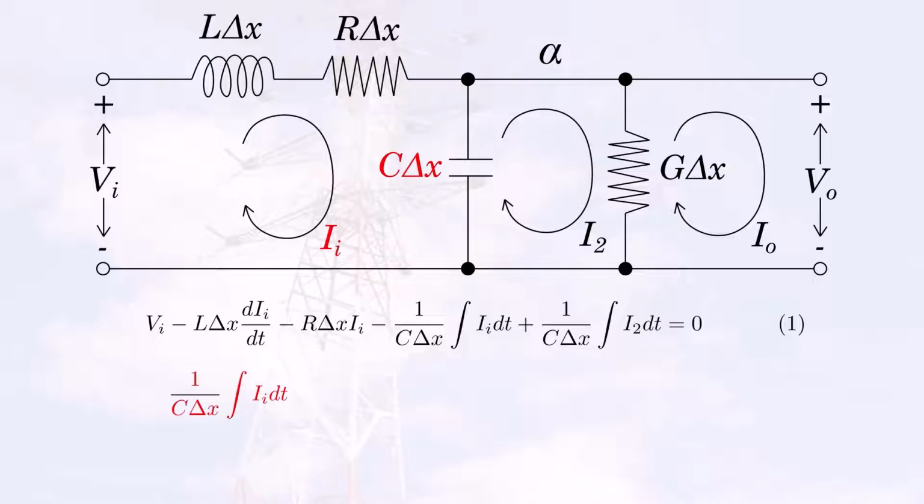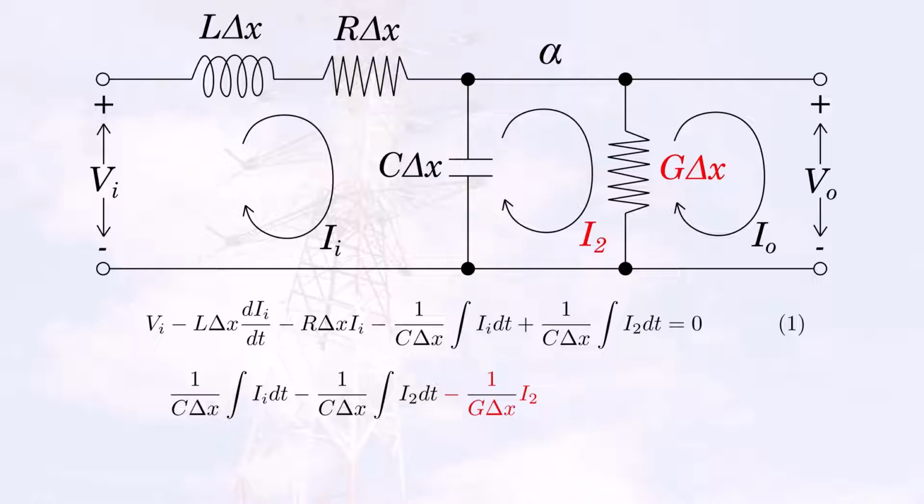Next, for the second mesh, we will have a similar case with the capacitor, and in this case the current Ii will contribute with a positive sign, and the second current I2 with a negative sign. In this case it will be storing energy. Then we only have one more element, which is this dissipative element, whose value we will indicate with the conductance.